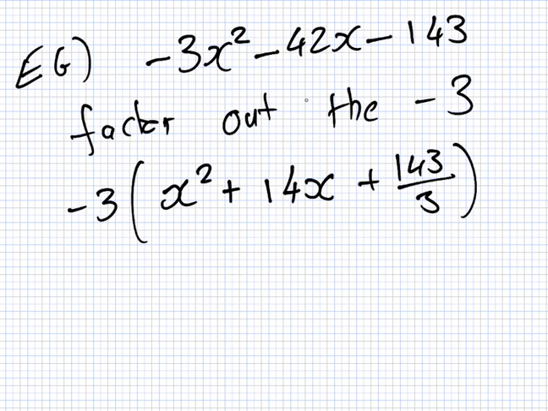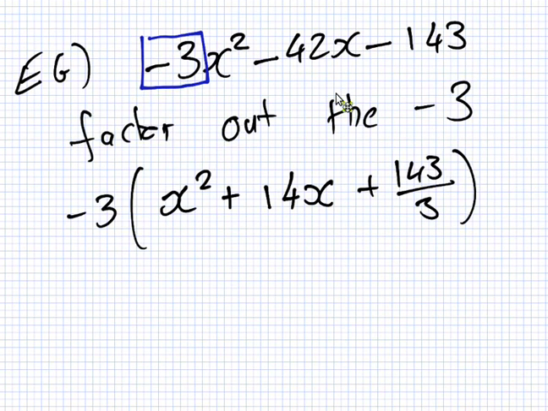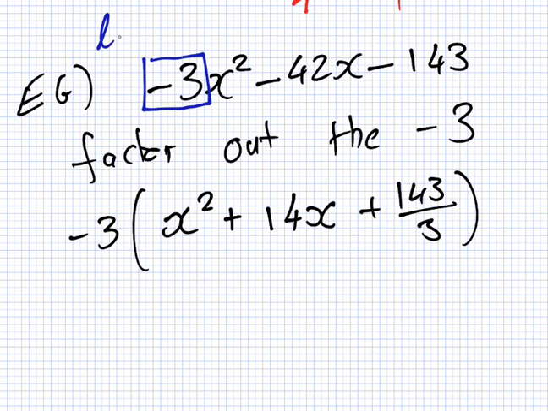We say factor out. It's not really the common factor, it's the number that's in the front. Does anyone know the name for this? You can call it the leading term. You take that out.